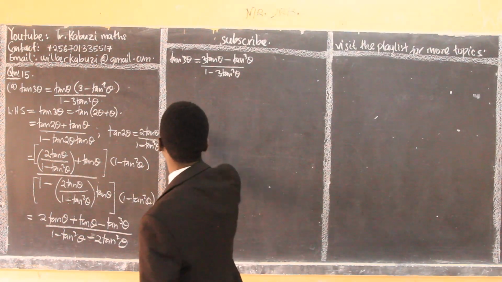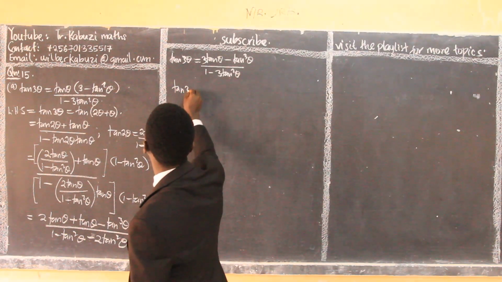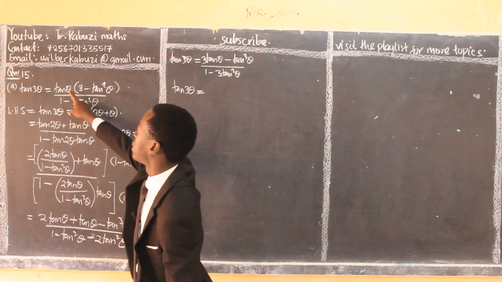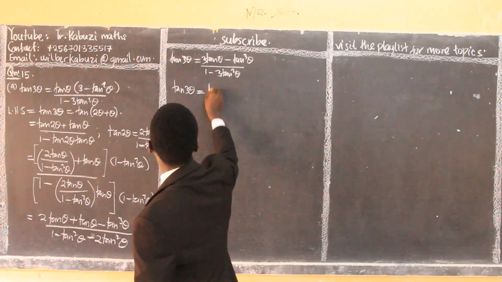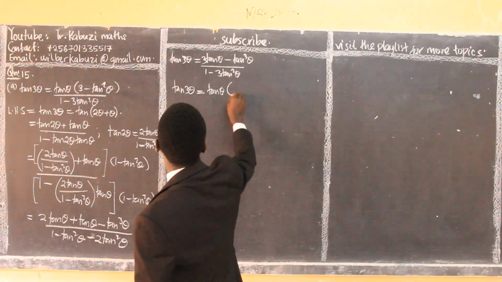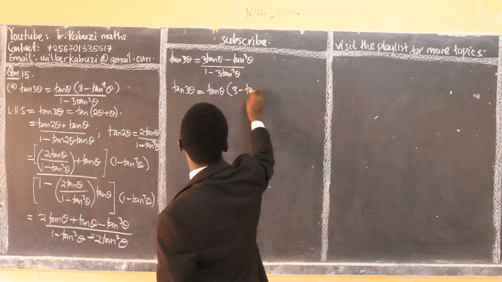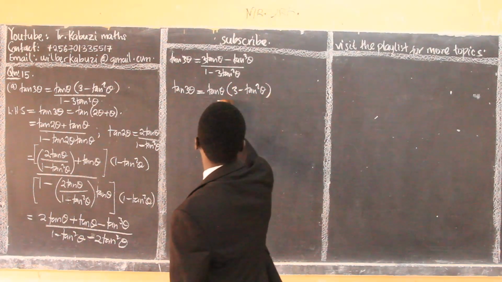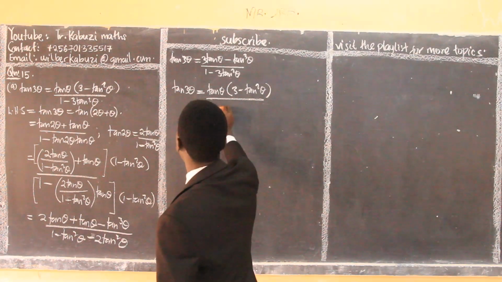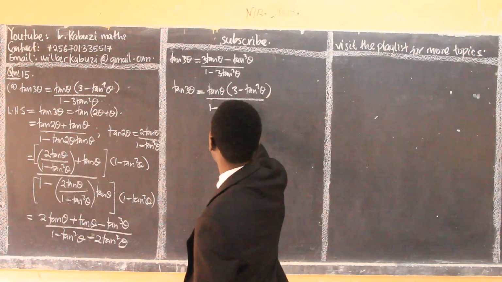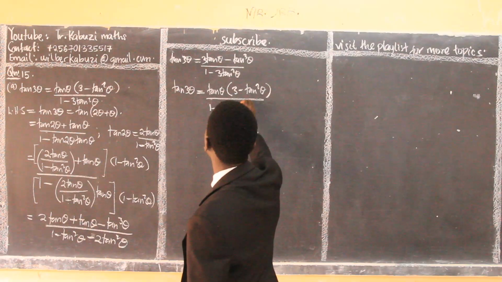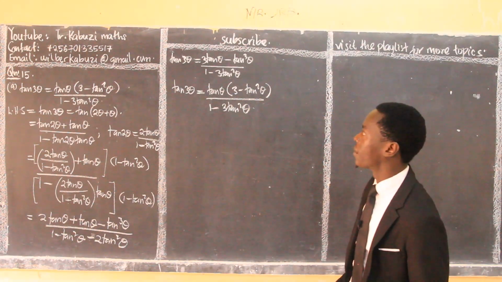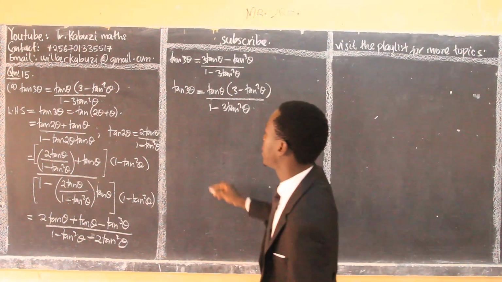What is left is to factorize out as the question wants. We factorize out tan theta, so we have tan theta times (3 minus tan squared theta), the whole thing over (1 minus 3 tan squared theta), like you could see there. So that was part A.